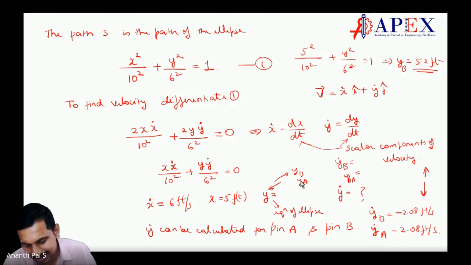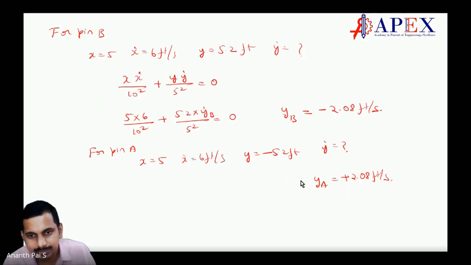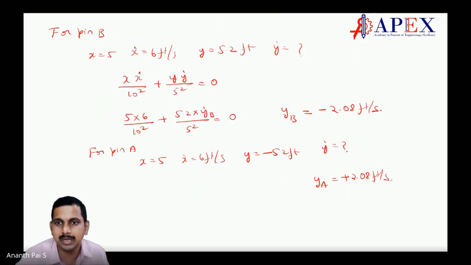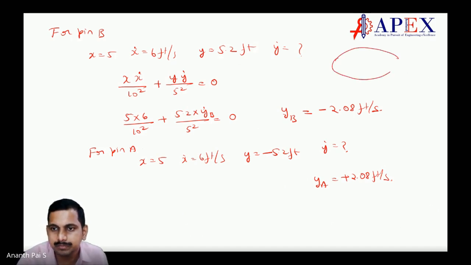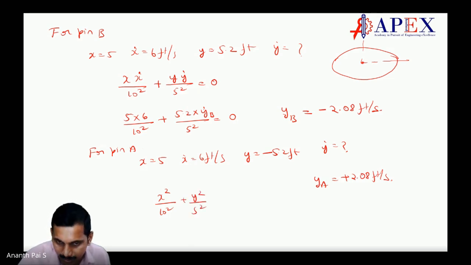Yes, sir. And why are we taking minus 5.2 and plus 5.2? Because if you consider the equation of the ellipse, x square by 10 square plus y square by 5 square is equal to 1. Let us solve this.